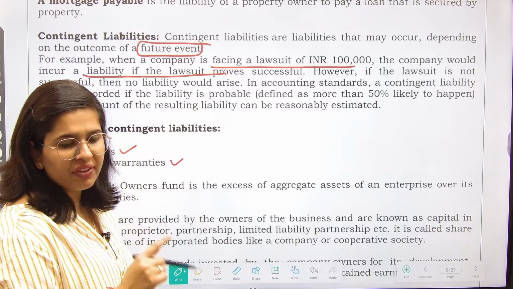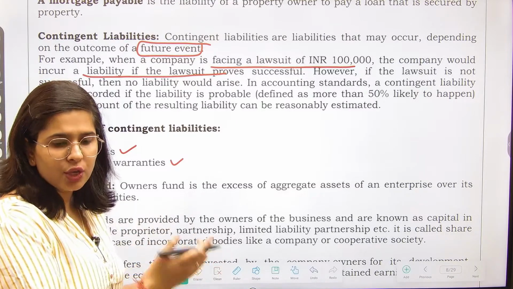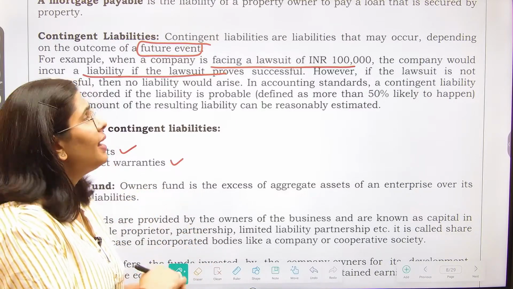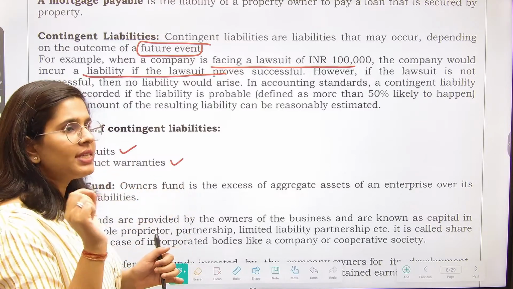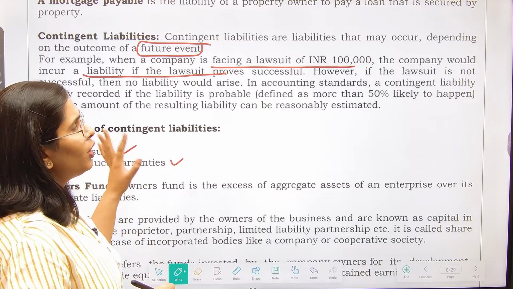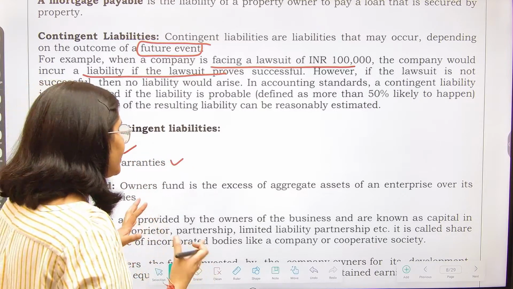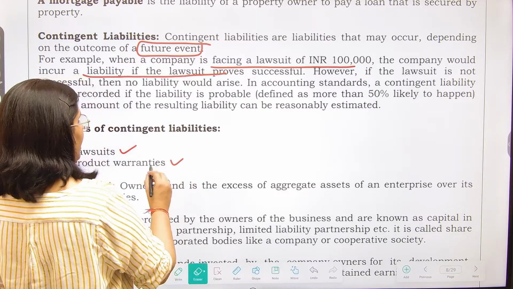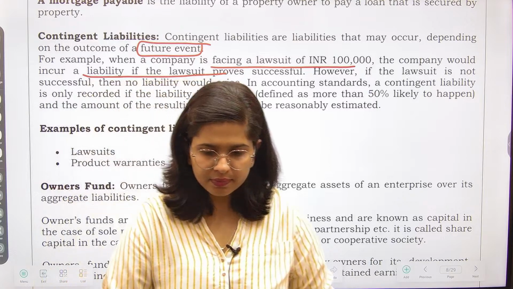So the use of 'if' has come in over here. You might win the case, you might lose the case, right? So this is what a contingent liability is. Now can someone tell me what should be the treatment of a contingent liability in my books of accounts? How should I treat this particular contingent liability in the books of accounts? Tell me.